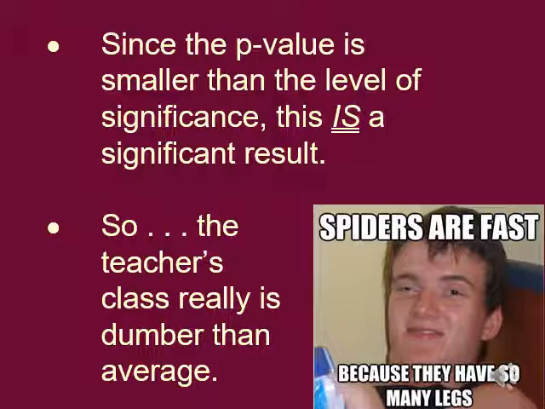Again, what you always want is for the p-value to be smaller than the level of significance. If that happens, you have a significant result. If it doesn't, you don't. Here, we had something that definitely was less than the level of significance. So what that's saying is, yeah, the teacher is right. She really did have a dumb class.